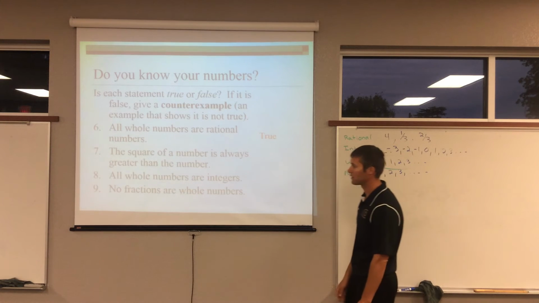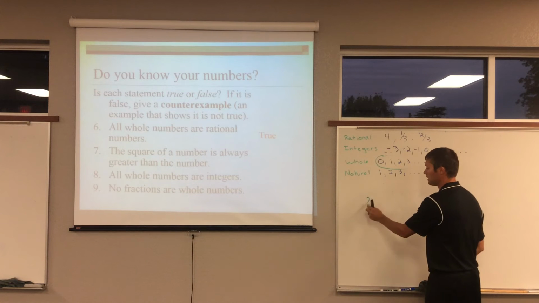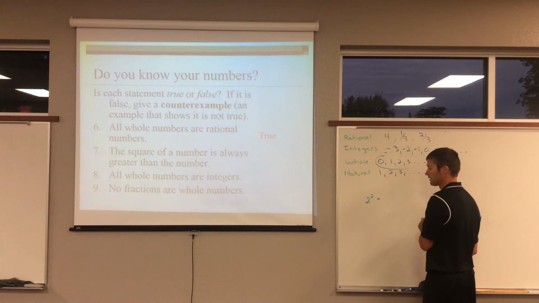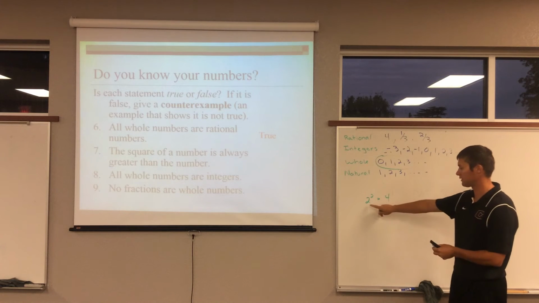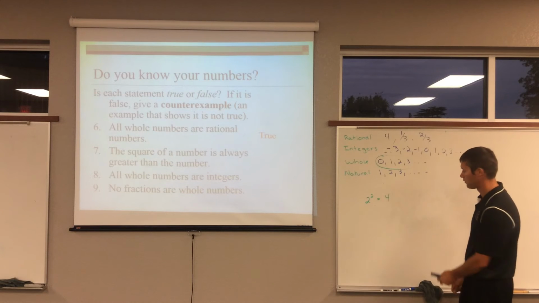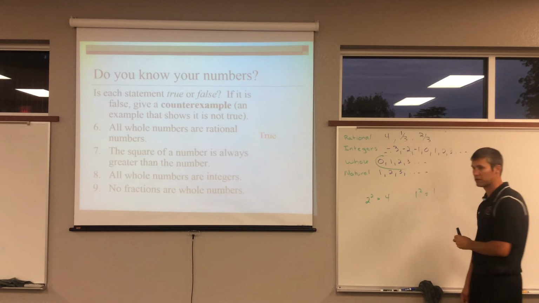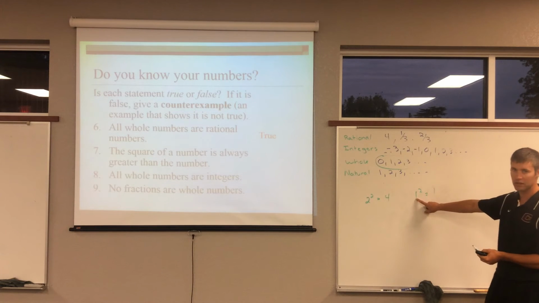The square of a number is always greater than the number. So if you take the number 2 and square it, that equals 4. But is this always the case? Let's take 1 squared. 1 squared is 1. Is 1 greater than that number?